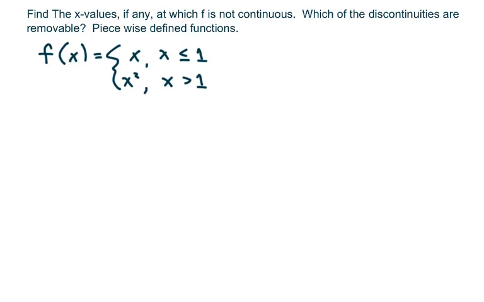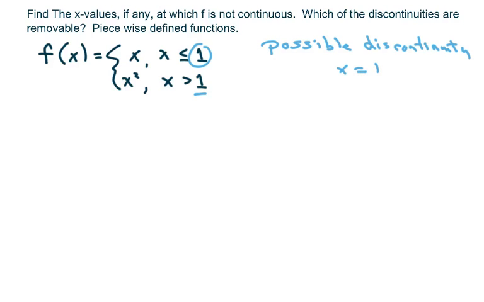What we first are going to notice is that this f function has a possible discontinuity at x equals 1.